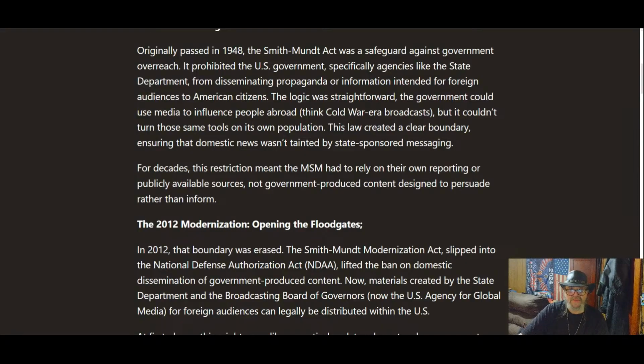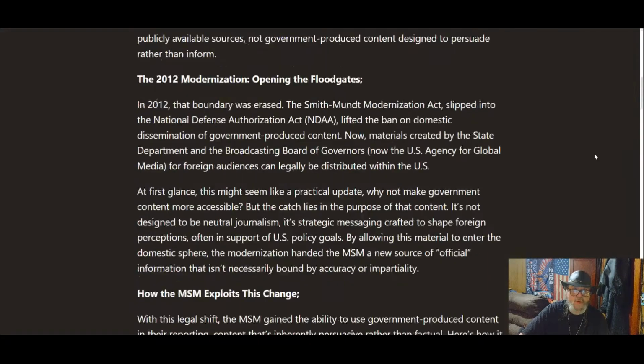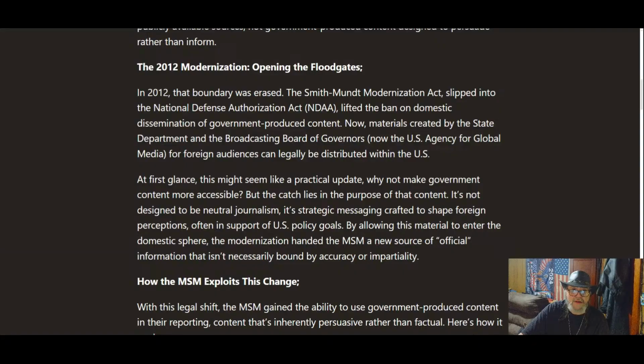For decades, this restriction meant the mainstream media had to rely on their own reporting or publicly available sources, not government-produced content designed to persuade rather than inform. The 2012 modernization: opening the floodgates. In 2012, the boundary was erased.